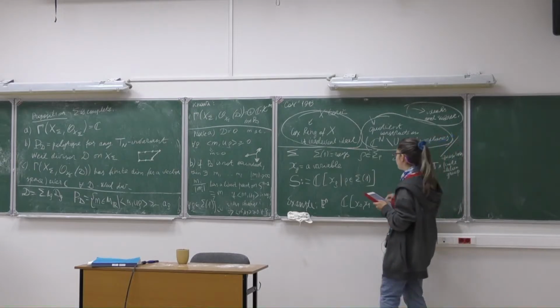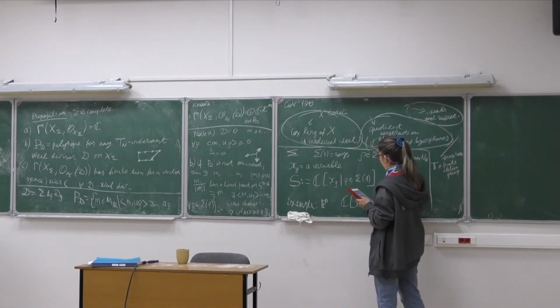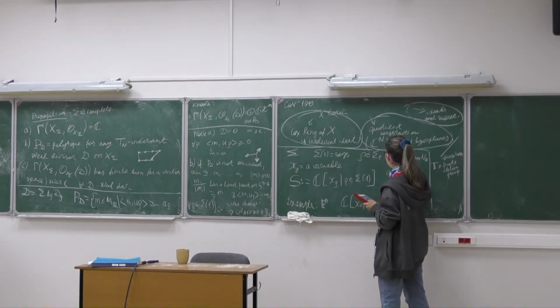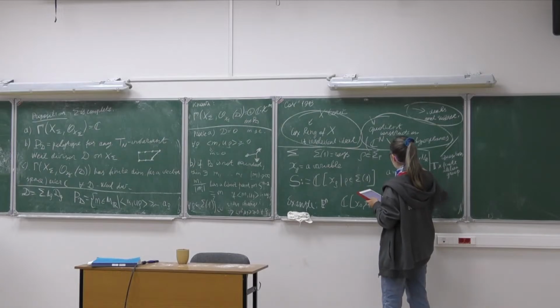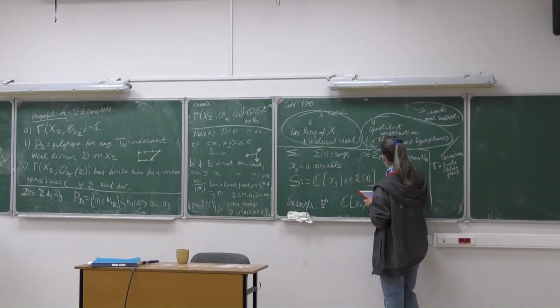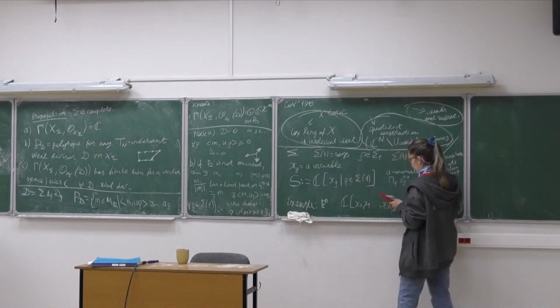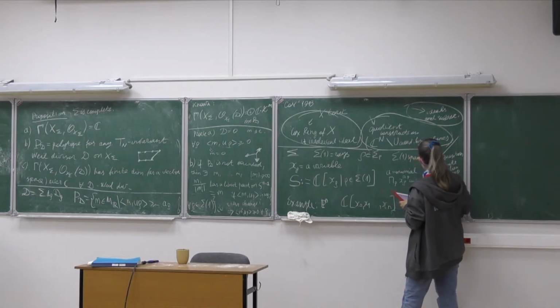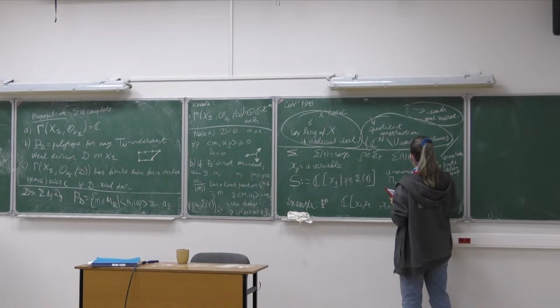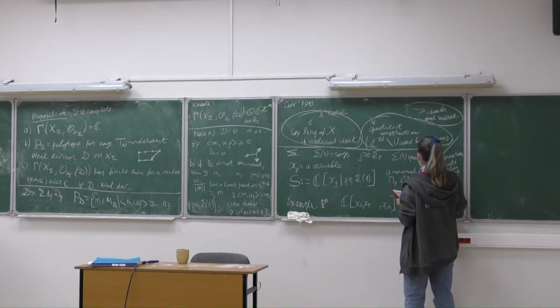I forgot to say that in this ring, if we write a monomial which is the product of x_ρ to the power a_ρ, it is in fact a divisor, the sum of a_ρ D_ρ.